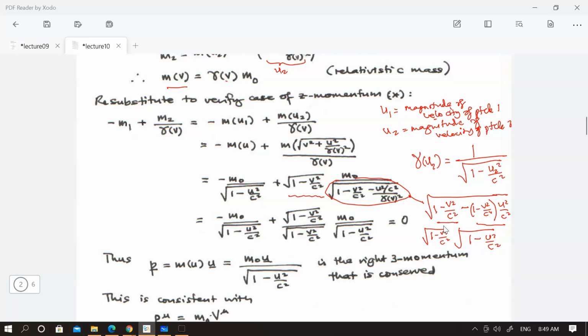Okay, so in other words, now we have, remember, this is coming from your gamma v, and then I have another 1 minus v squared on c squared coming from pulling out this factor from there.